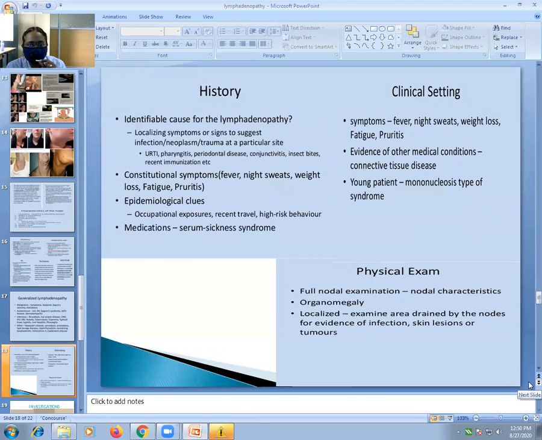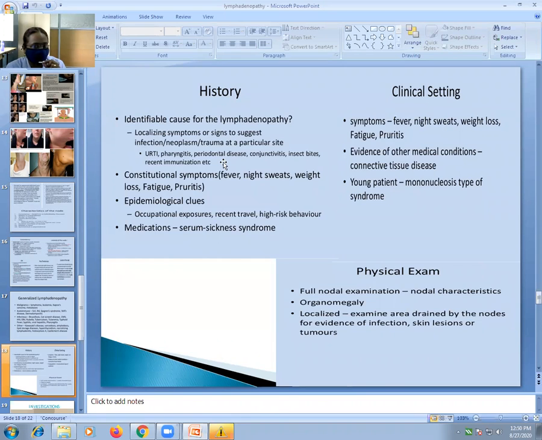How to evaluate the cause of lymphadenopathy, the enlarged lymph node? Important is proper history taking. You have to ask relevant questions to find out the cause.